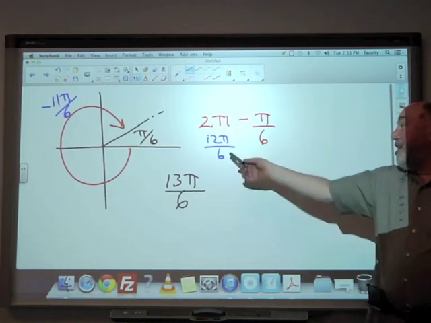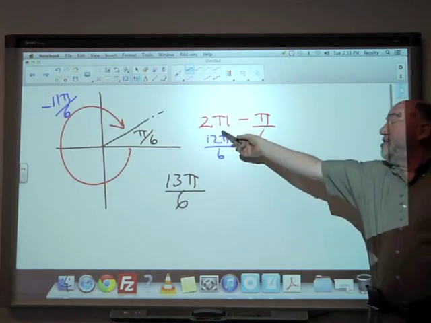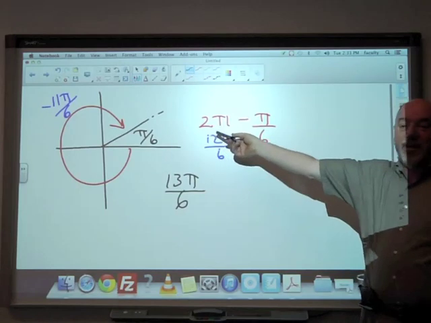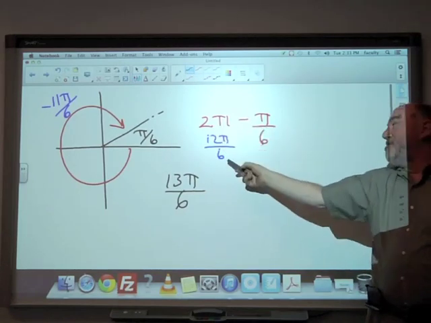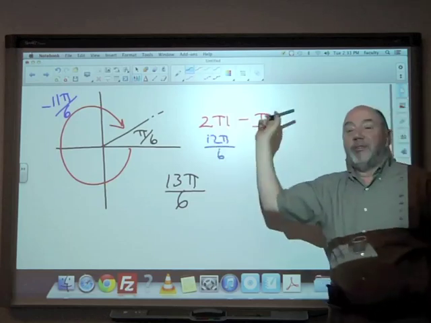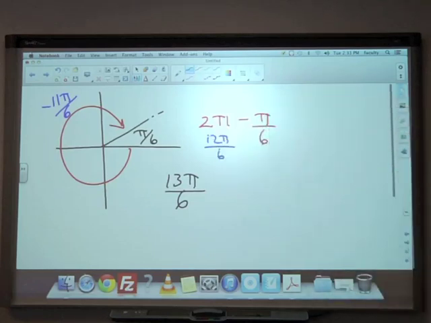I can rewrite it, I need a common denominator. After all, this is over 1, so the common denominator is going to be 6. 1 times 6 is 6, 6 times 2 is 12. By getting that 13 pi over 6, you're just going from where you started at pi over 6 and adding 2 pi. So you're ending up back at the same place, but just one more rotation.